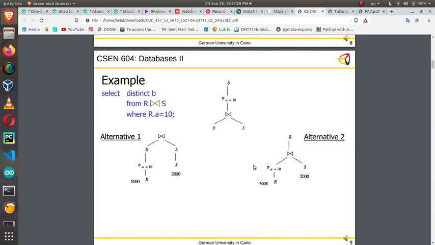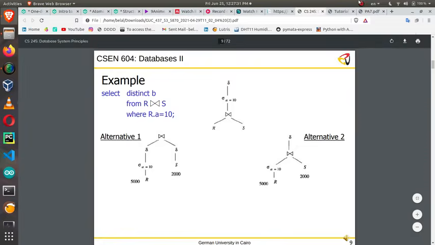So for example, if we performed the select before the other two operations, the distinct and the join, we will reduce the number of tuples that propagate upward till the final step in this query.